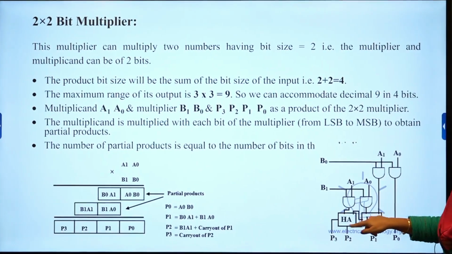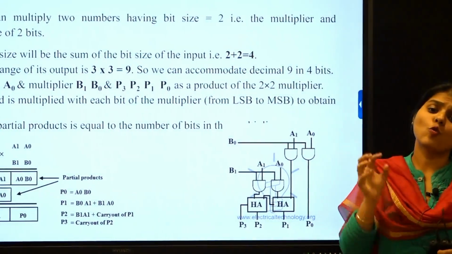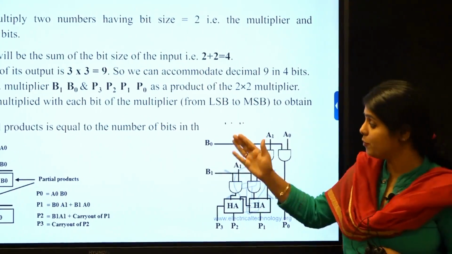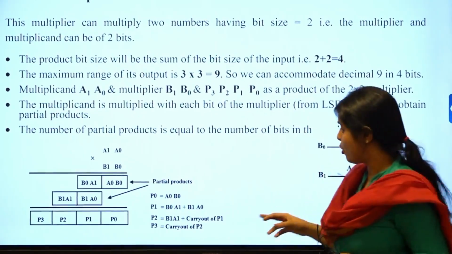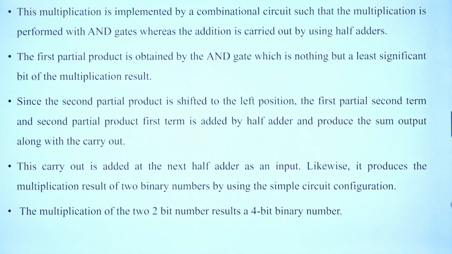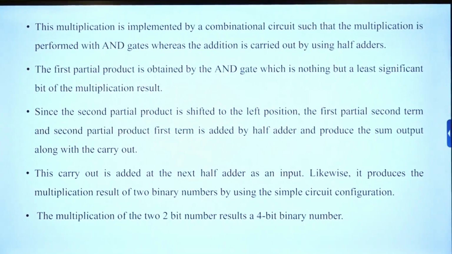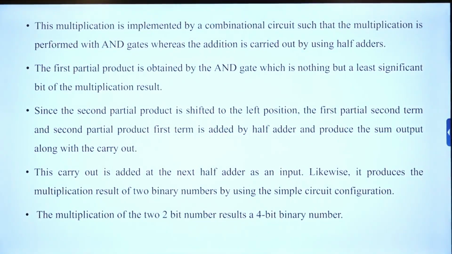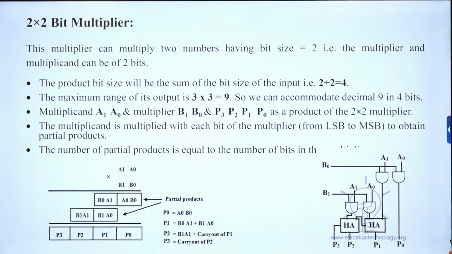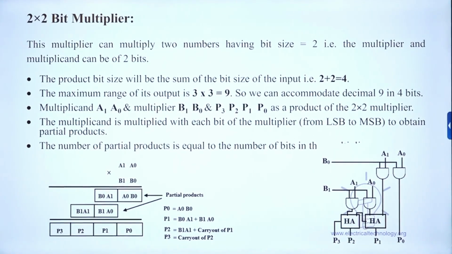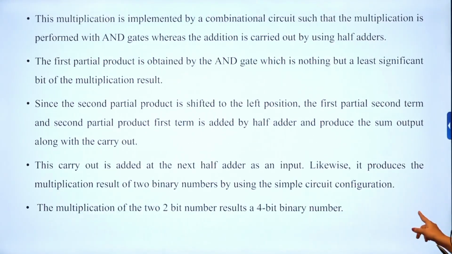I am taking half adders here because I also want to include the carry output, which will be carried forward from the first partial product. So the carry out is added to the next half adder as input. Likewise, it produces the multiplication result of 2-bit binary numbers using this simple circuit configuration. So this is your binary multiplier of 2 by 2 size.